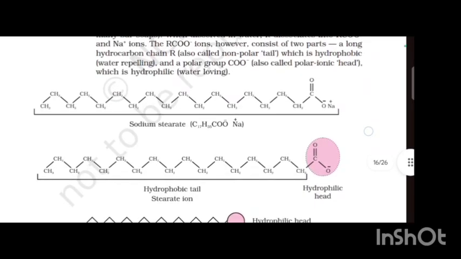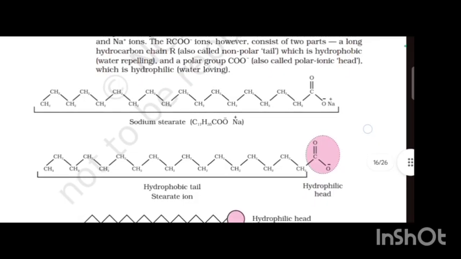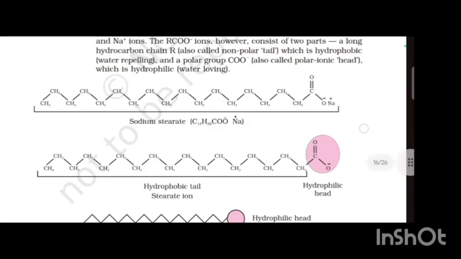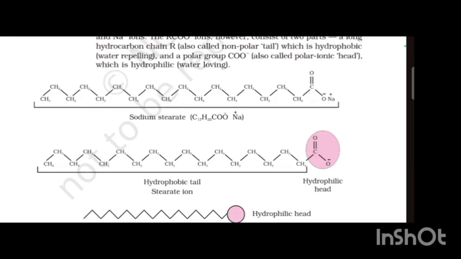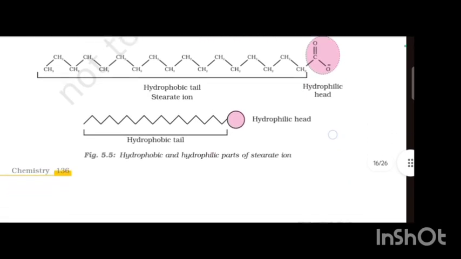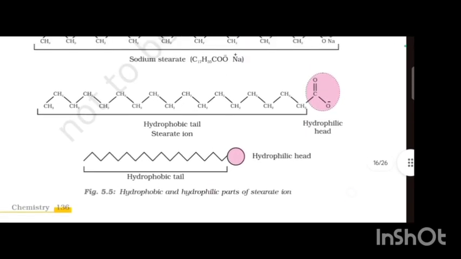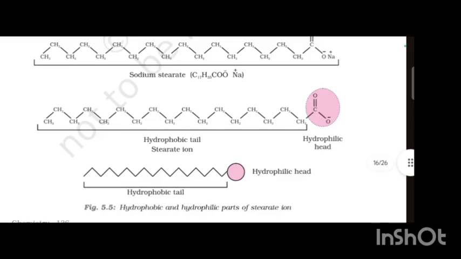The RCOO⁻ ions, however, consist of two parts: a long hydrocarbon chain R, also called the non-polar tail, which is hydrophobic, water repelling, and a polar group COO⁻, also called the polar ionic head, which is hydrophilic, water loving. Figure 5.5. Hydrophobic and hydrophilic parts of stearate ion.